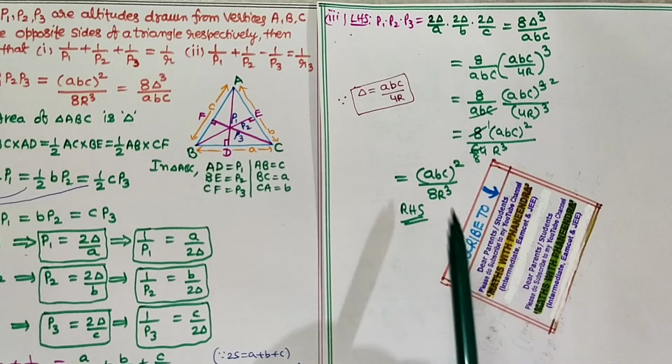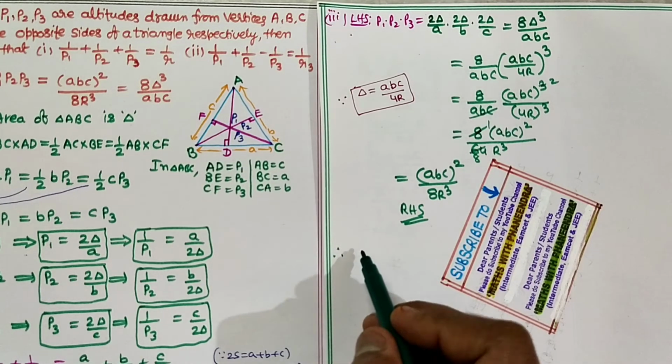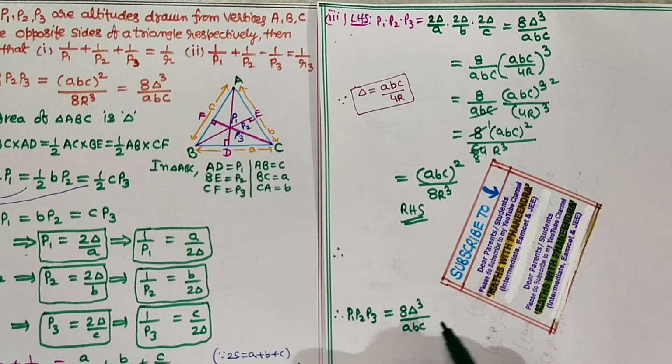So here, the conclusion step. Here I will write it. P1, P2, P3 is equal to, first we got 8 delta cube divided by ABC, which is also equal to (ABC) whole square divided by 8R cube. Hence proved.